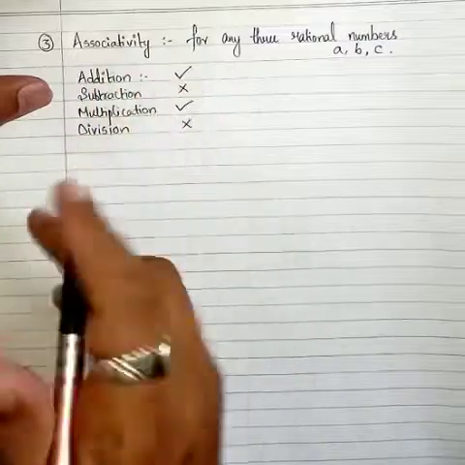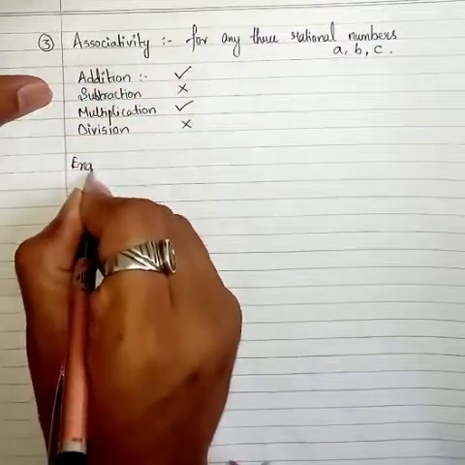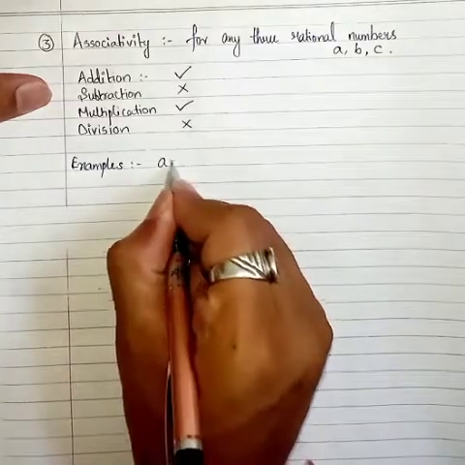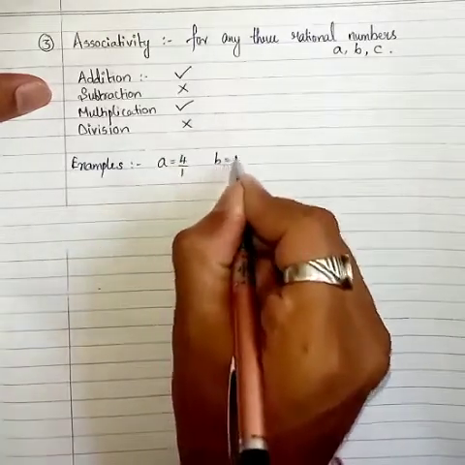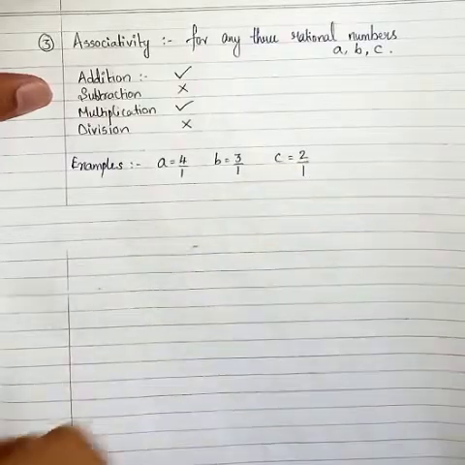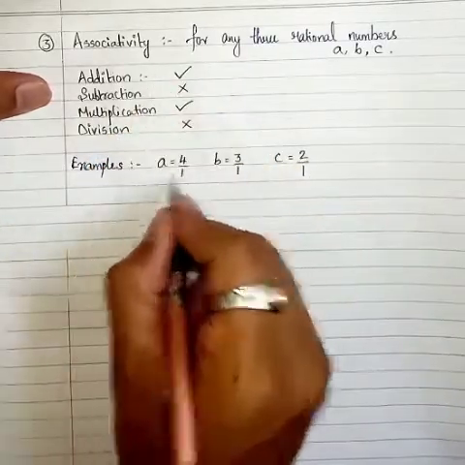So coming to our first topic, that is addition, we will take an example. Now I will take a value as 4 by 1, b as 3 by 1, and c as 2 by 1, right?